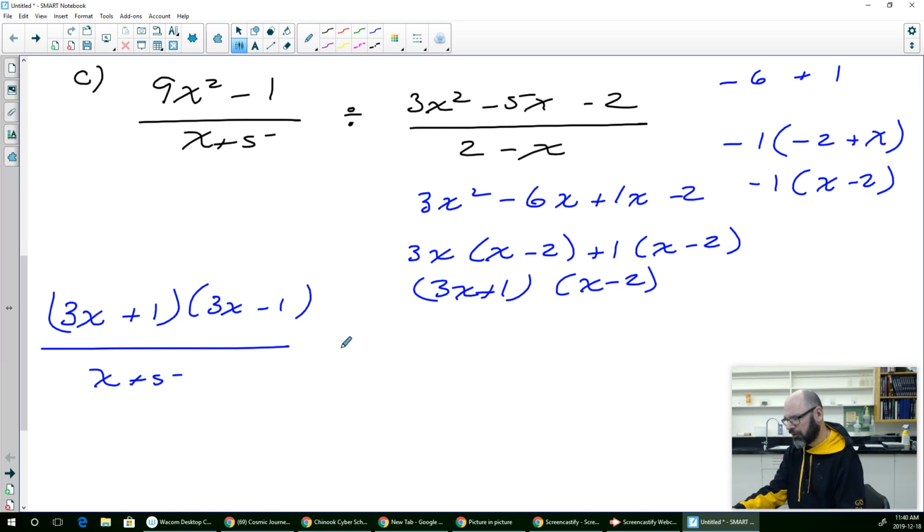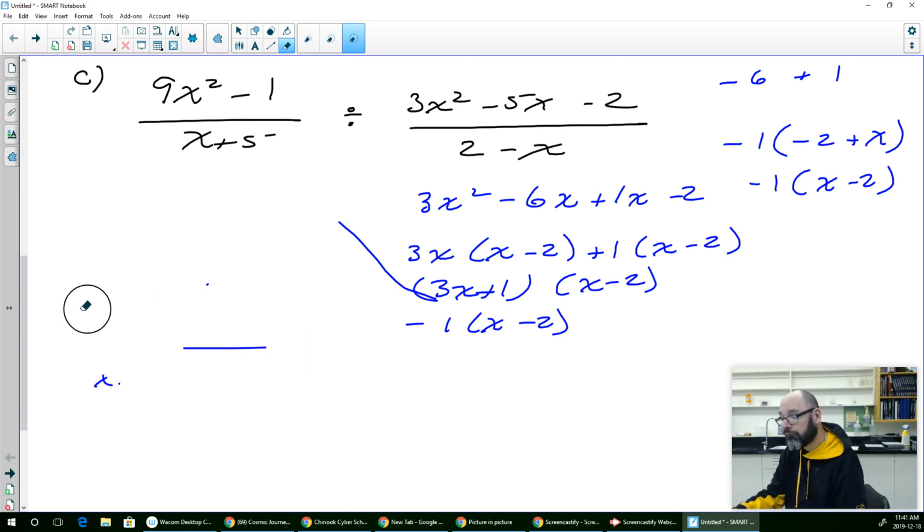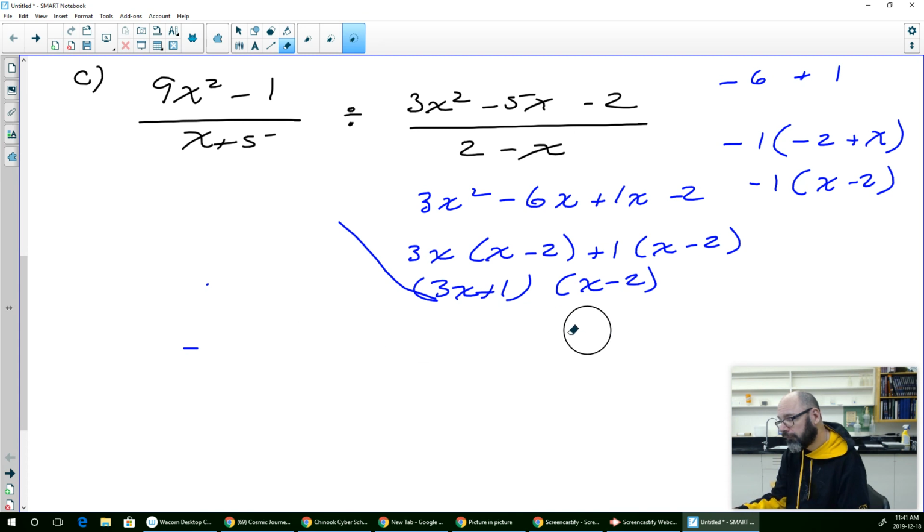Okay, notice I haven't flipped it over yet. So now that I've got this factor here, I'm going to flip it over. I'm going to go times. So this negative 1 times x minus 2 is going to go on top. Actually, you know what I'm going to do here is I'm going to move this down a little bit more so that we don't get confused with this stuff.